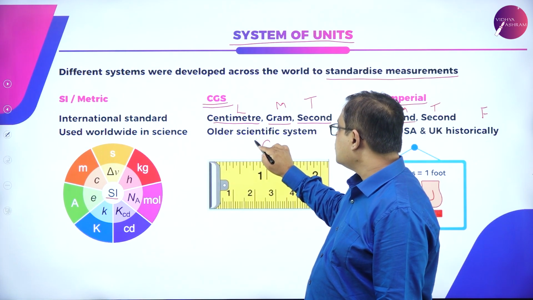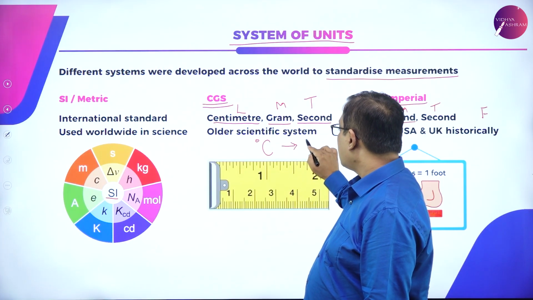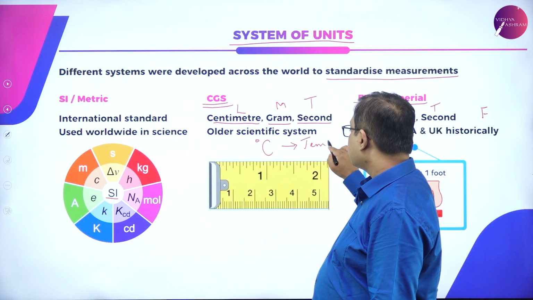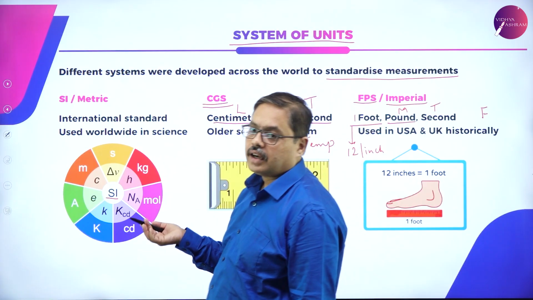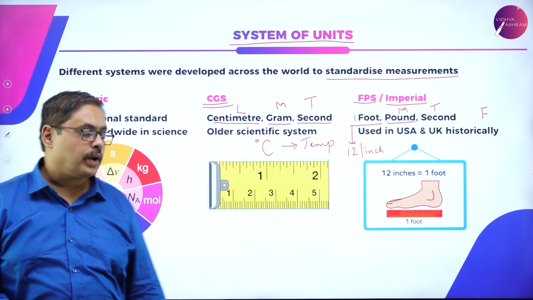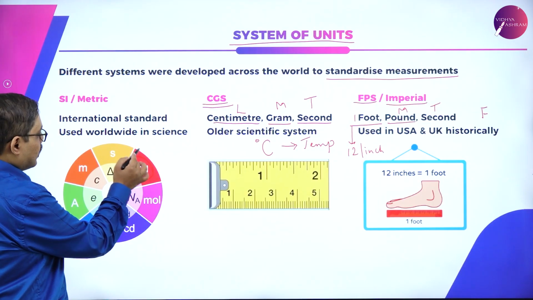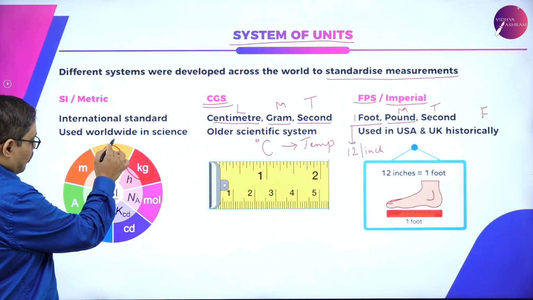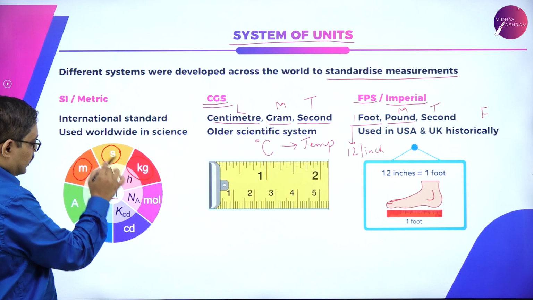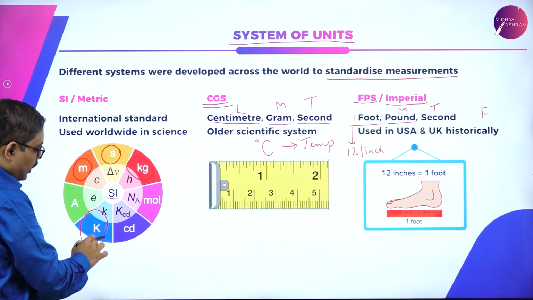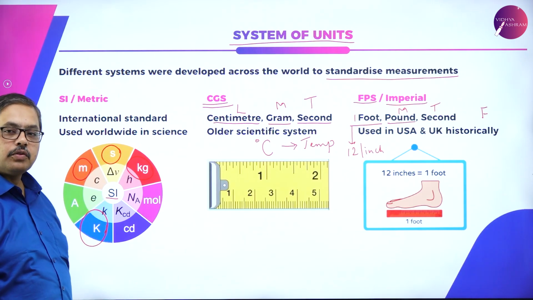Here, degree Celsius was adopted for measuring temperature. The latest SI unit is the internationally accepted one. Here, we are using kilogram for mass, seconds for time, and meter for length. You can use Kelvin for temperature, and so on.